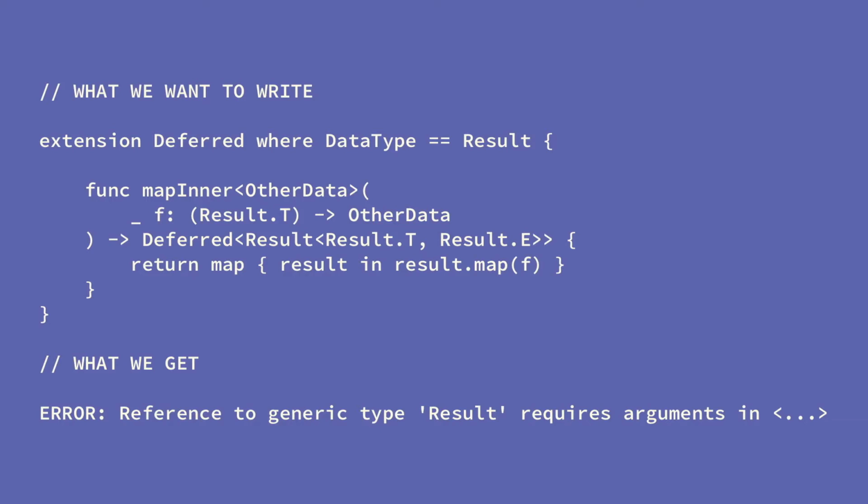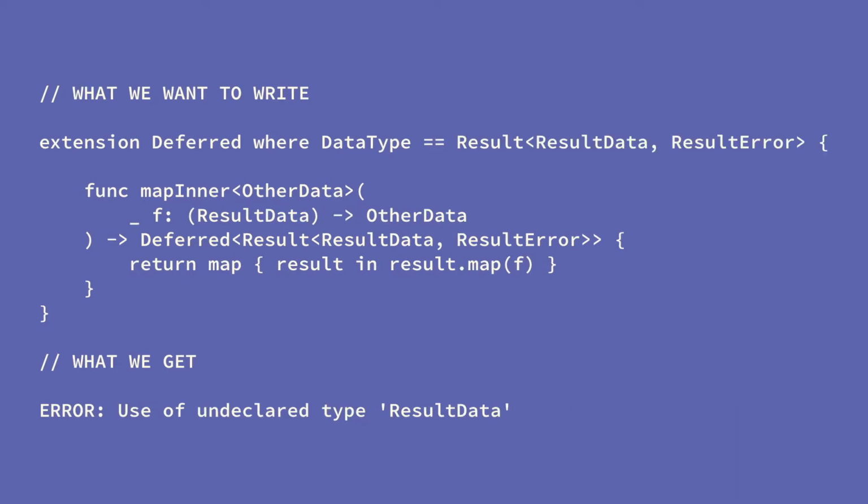So how can we try to make it some other way? I'll show some of the ways that I tried, so that you know that these are not helpful. You can try to put some random names here, and just hope that the compiler will understand. It won't. It says that I don't know what this result data is. I mean, yeah, it was not declared anywhere.